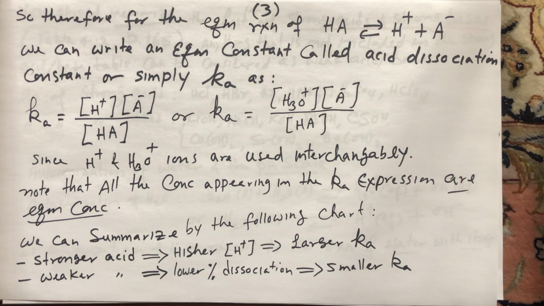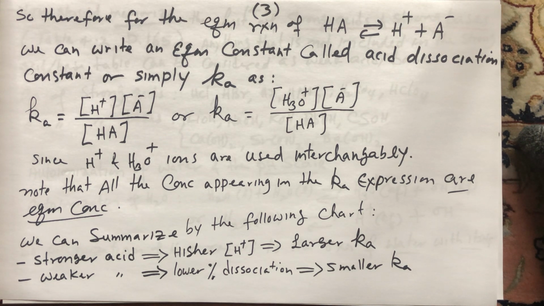Now, the Ka by itself is called the equilibrium constant for the weak acid dissociation. Okay. Now, we can always think about a strong acid having a higher concentration of H plus in the solution when it dissociates, and therefore a larger Ka.